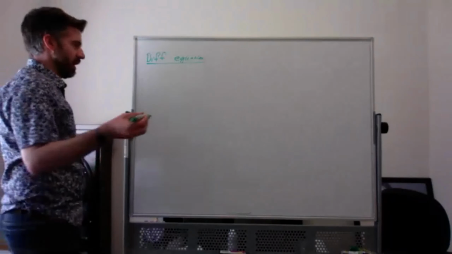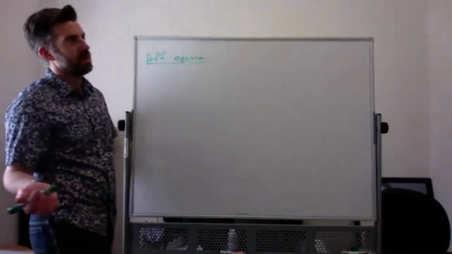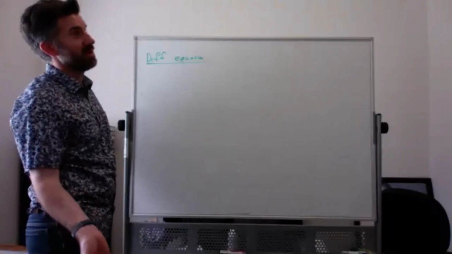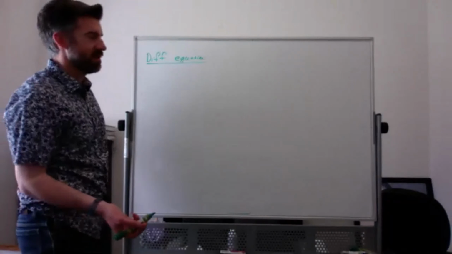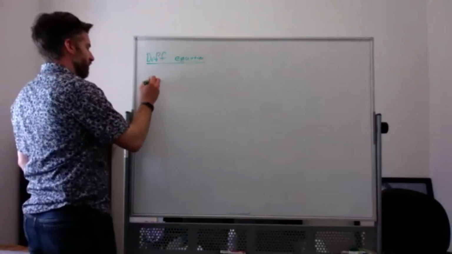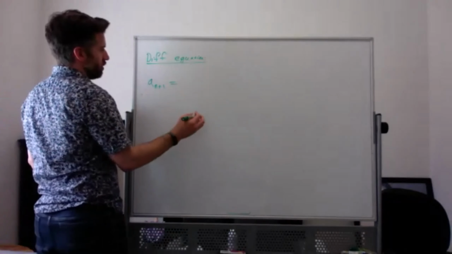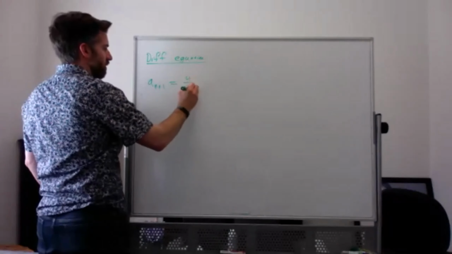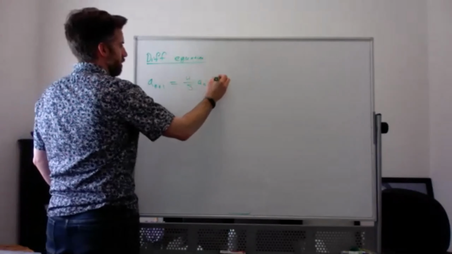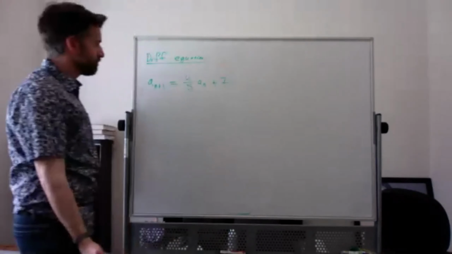It's not going to work out very nicely, so let's not do that. Let's say this is our difference equation. Let's say a sub n plus 1 was equal to 4/5 of a sub n plus 7.